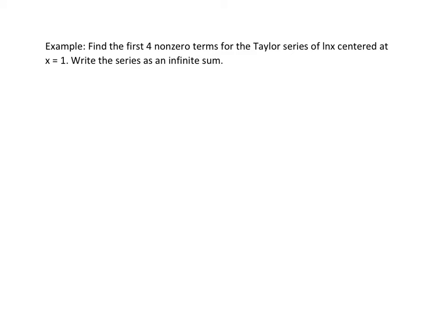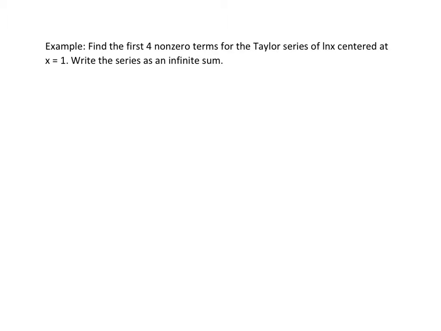Okay, so let's find the first four non-zero terms for the Taylor series of ln x centered at x equals 1. Well, if you recall, in the previous video, we already have done this Taylor polynomial.